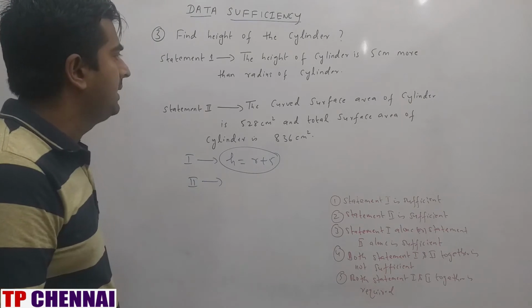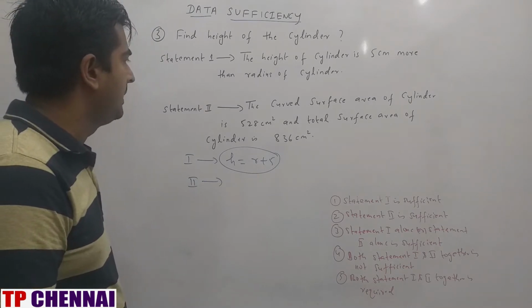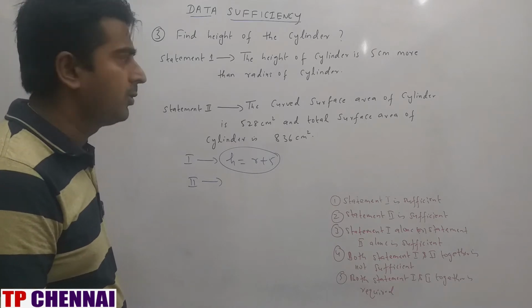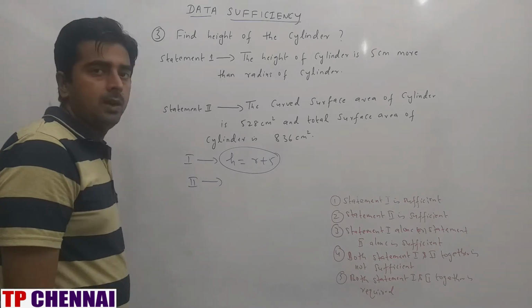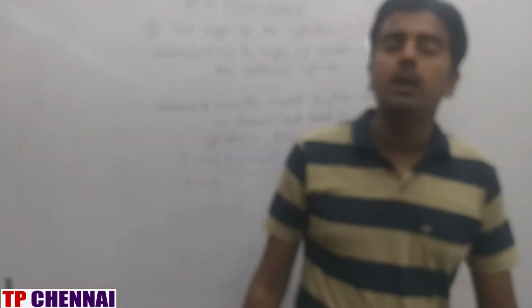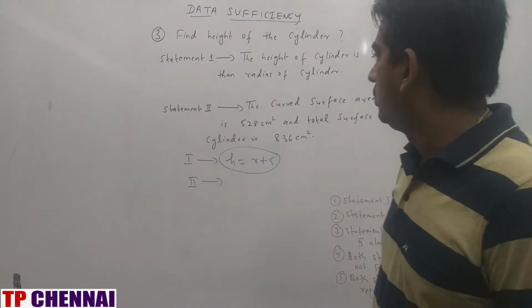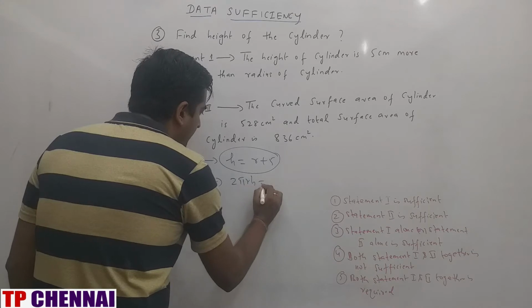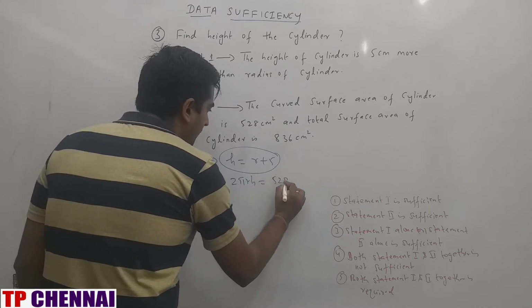The curved surface area of a cylinder is 528 cm square and the total surface area of a cylinder is 836 cm square. What is the curved surface area of a cylinder? It is nothing but 2 pi rh, and that is 528, as they have given you.